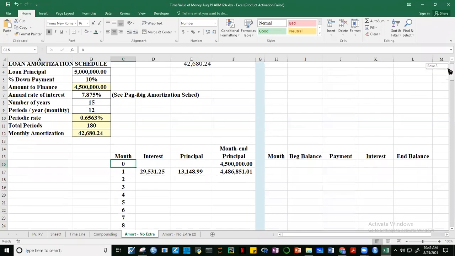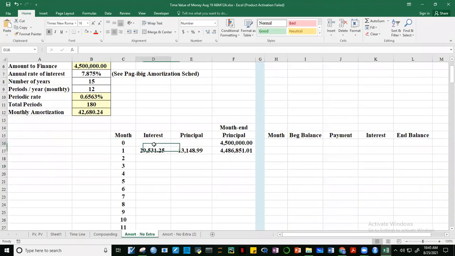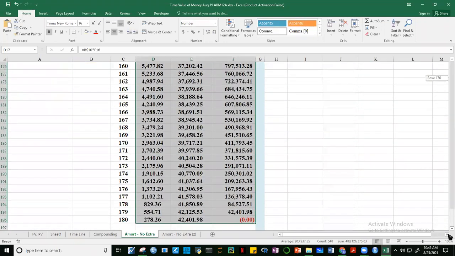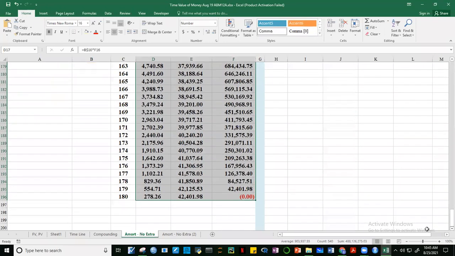So itong interest na 'to, pwede ba natin i-copy pababa yan? Okay, time na pala, no? So yes, pwede natin i-copy pababa. Ito din, guys, pwedeng copy pababa. Ito din, pwede i-copy pababa 'to. So let me just highlight this and then double click there. Yan. 0 na sa dulong-dulo, no?